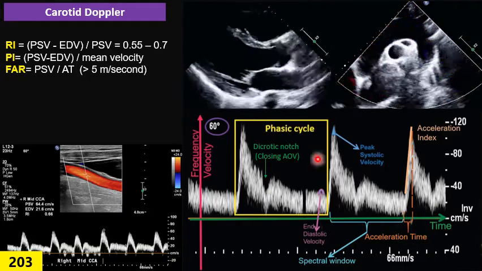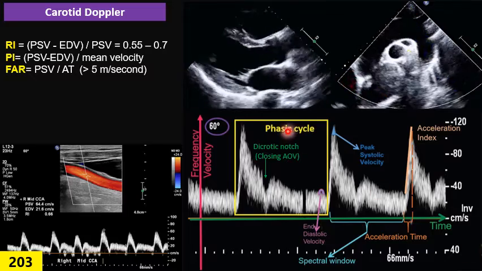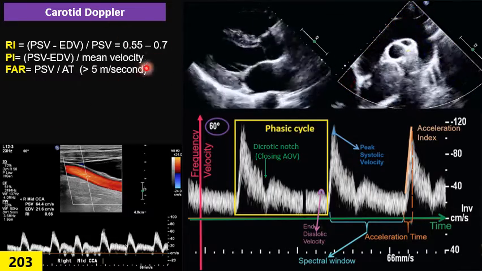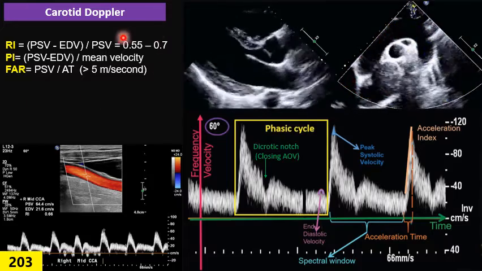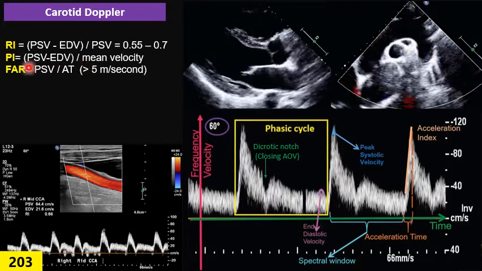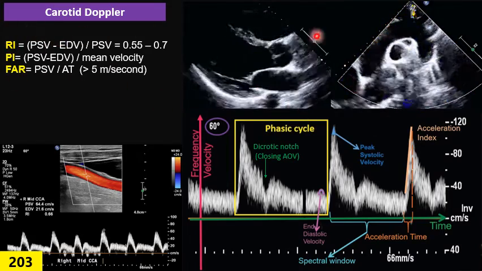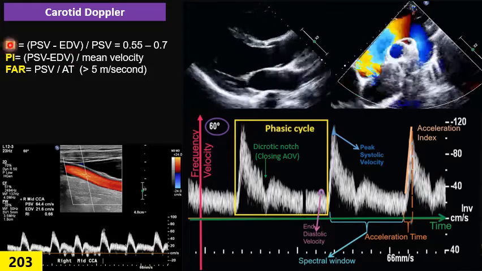With these measured parameters, we can calculate three other very important parameters, especially in kidney and cerebrovascular Doppler, but they are important in the carotid too.